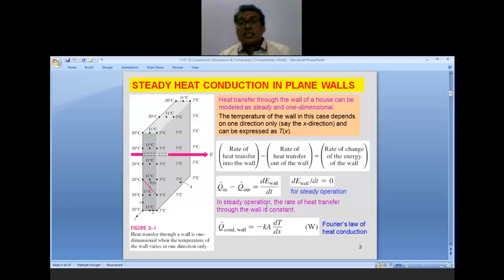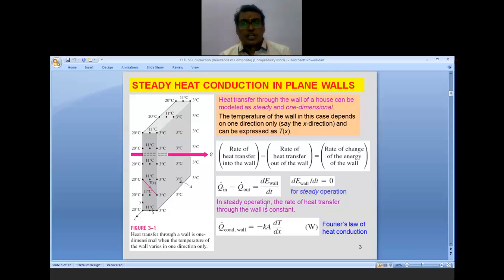When we discuss the practicals, we allow certain time to attain the steady state. Initially it is at a lower temperature. We start the heating, and once the temperature starts building, it attains the steady state value. What is the steady state value? That is, change in temperature with respect to time is 0.